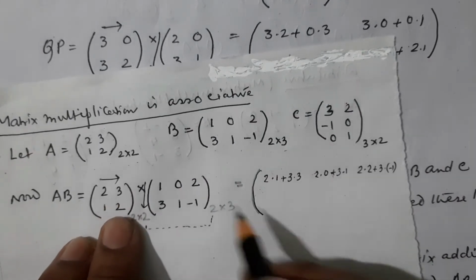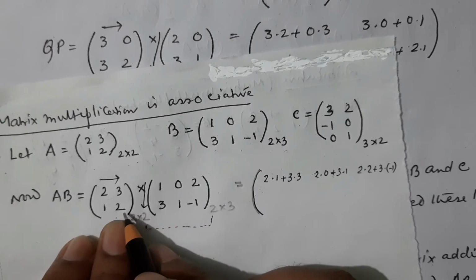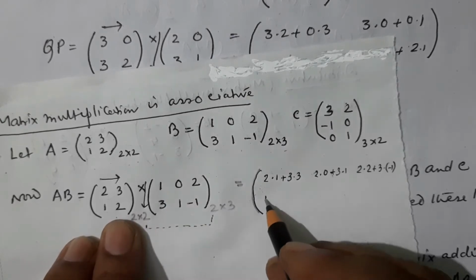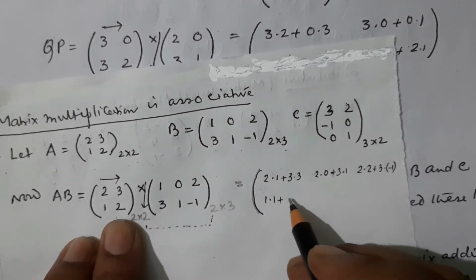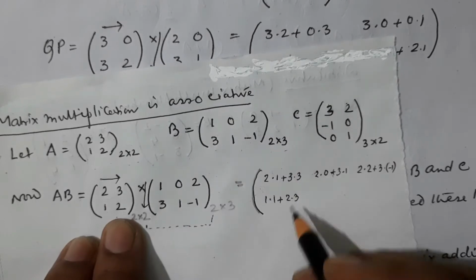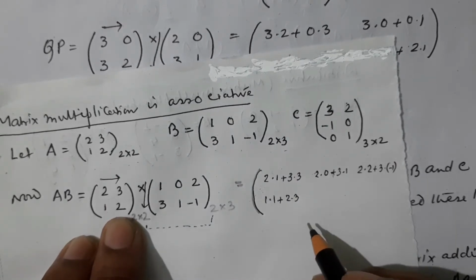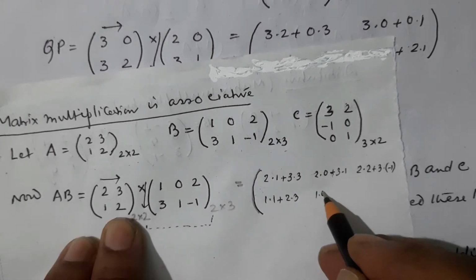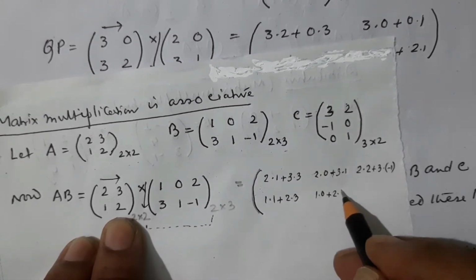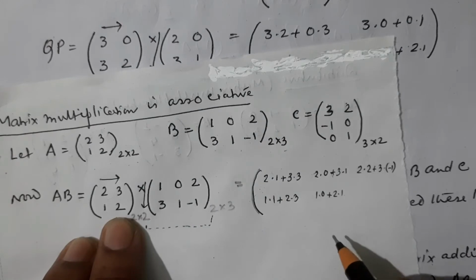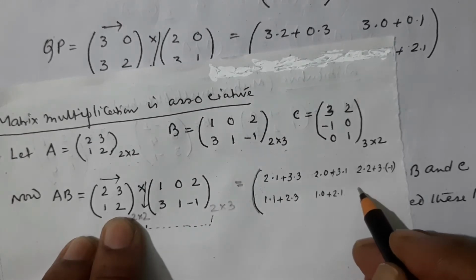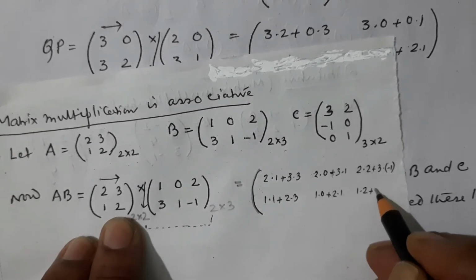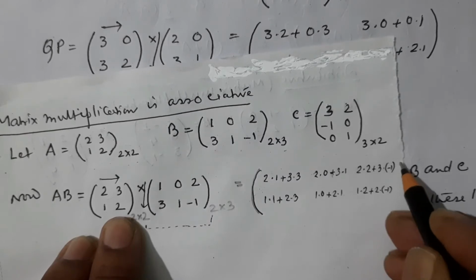Similarly, second row of the first matrix multiplied with the first column, so 1 into 1 plus 2 into 3. Second row, second column, so 1 into 0 plus 2 into 1. Second row, third column, 1 into 2 plus 2 into minus 1.